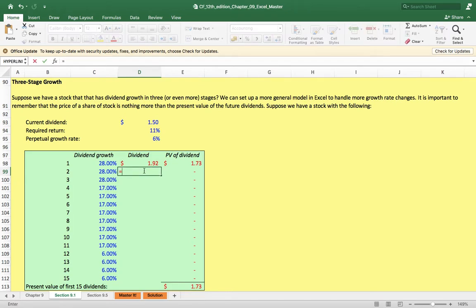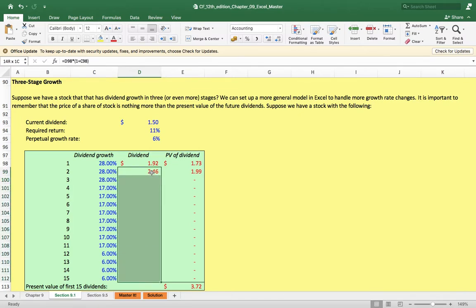D2 is equal to D1 multiplied by 1 plus growth rate, that is 28%, bracket close, enter. Once you do this, go down and fill down. Select the range where you want to copy that formula and press Control D, and the formula will be filled.